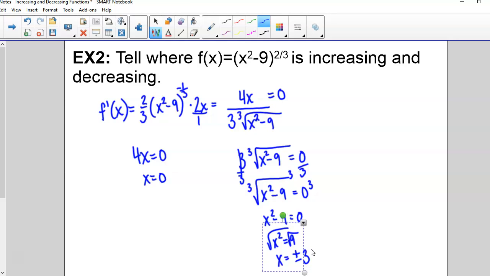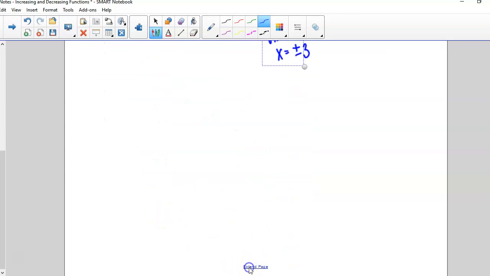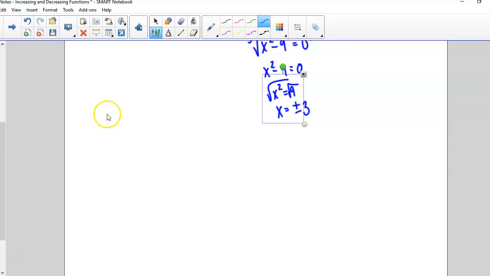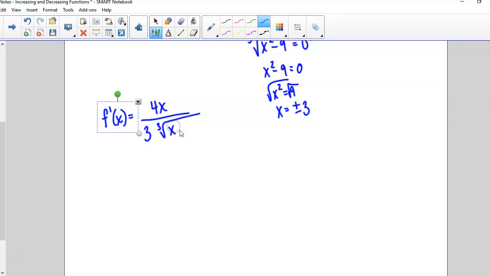So on these problems, I usually do a slightly more detailed little graph. Let's just remember f prime of x was 4x over 3 times the cube root of x squared minus 9.